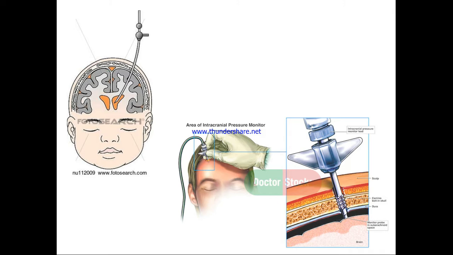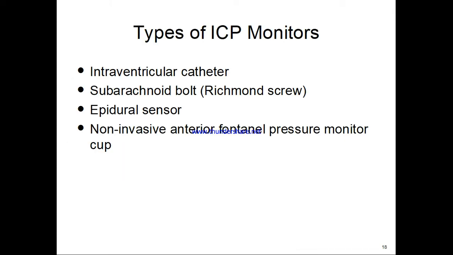So this, if you remember your anatomy review, is going to depend on where the injury is, what the source of the pressure buildup is, what area of the brain we need to monitor. Because if the source of the pressure is outside here and the screw is adequate, then that's going to be the preferred choice.